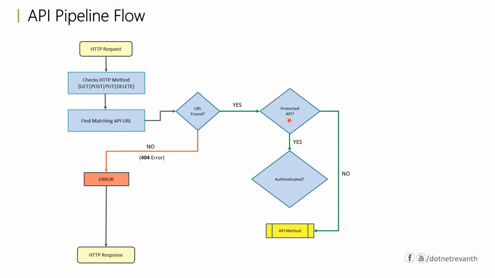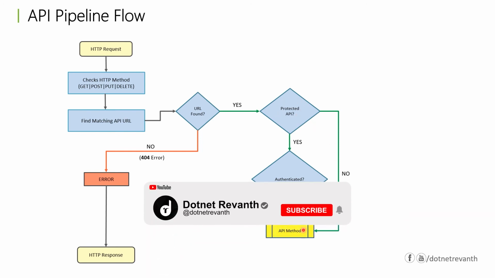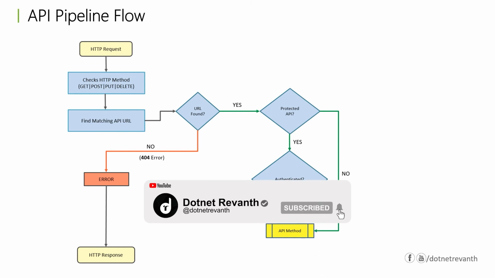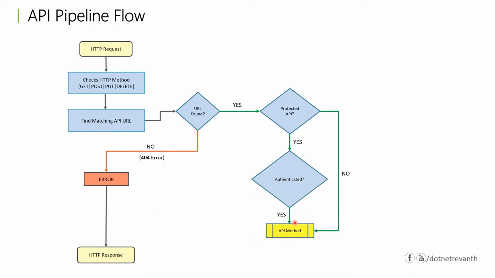If the API is not protected, then it will directly call the API method without authenticating the user. If it is protected, it will check the authentication credentials. If they are valid, then only it will call the API method. If it is not authenticated, if the user provided an invalid token, it will return a 401 unauthorized error message to the client.